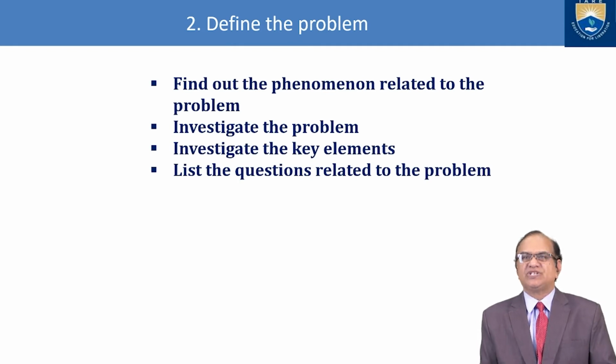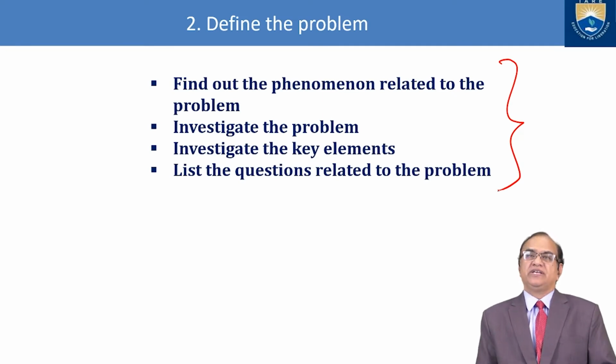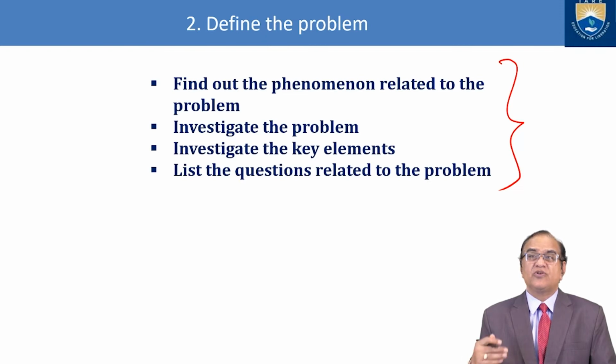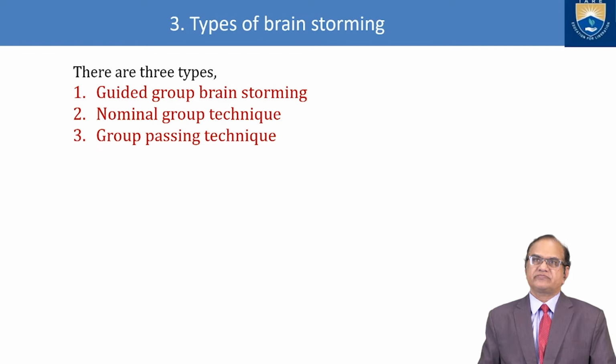List the questions related to the problem. So these are the steps in defining the problem, and you should do a lot of study and research so that you can find the correct definition of your problem.